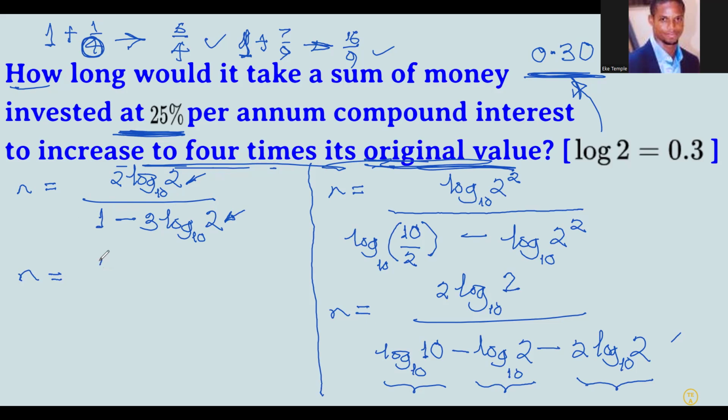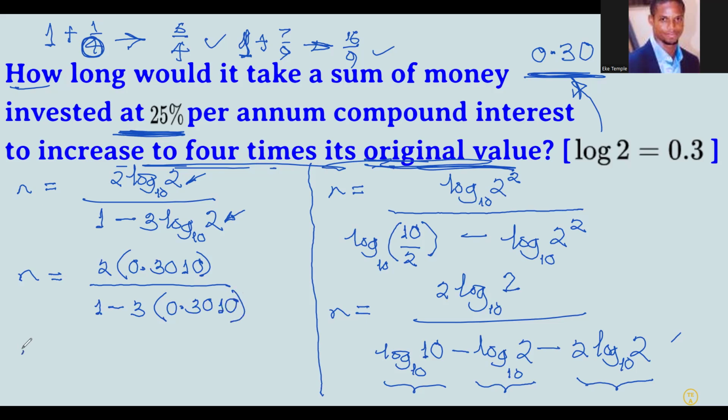You have 2 multiplied by 0.3010, all of these divided by 1 minus 3 into the same value, 0.3010. That's right.